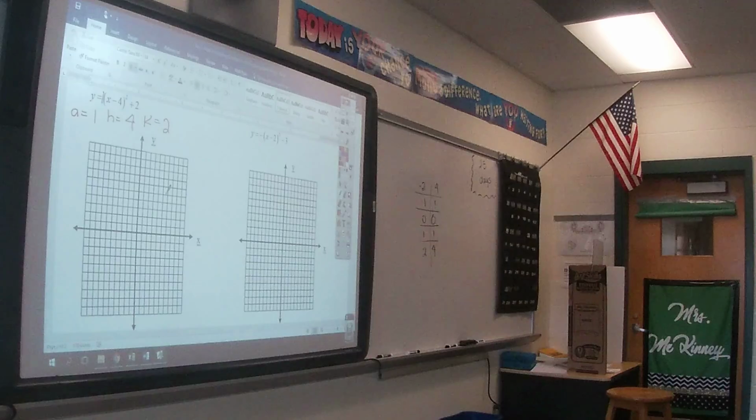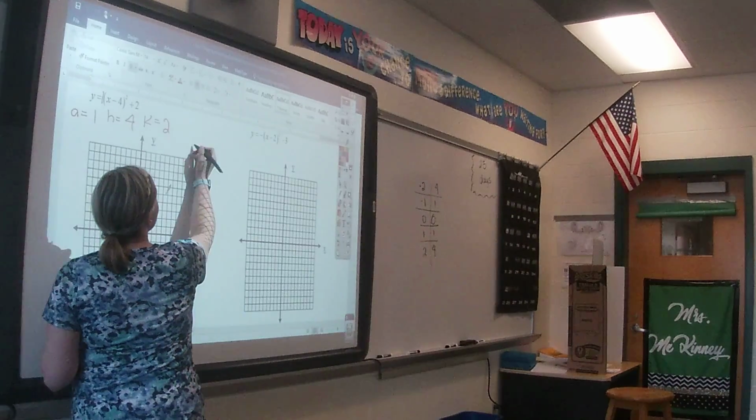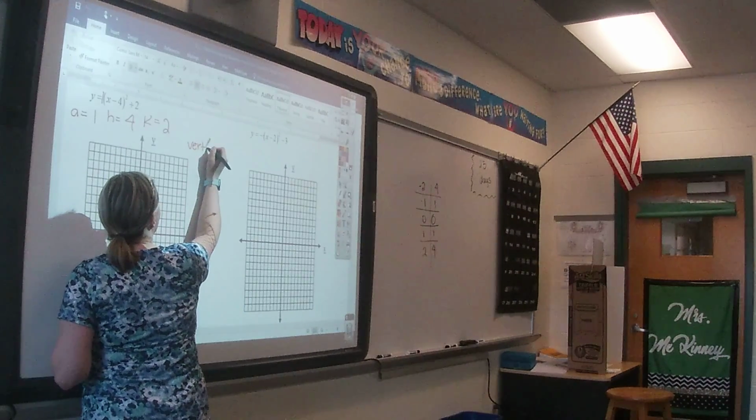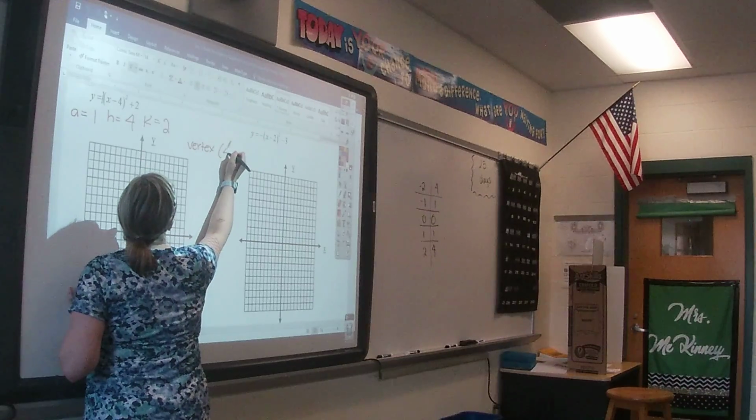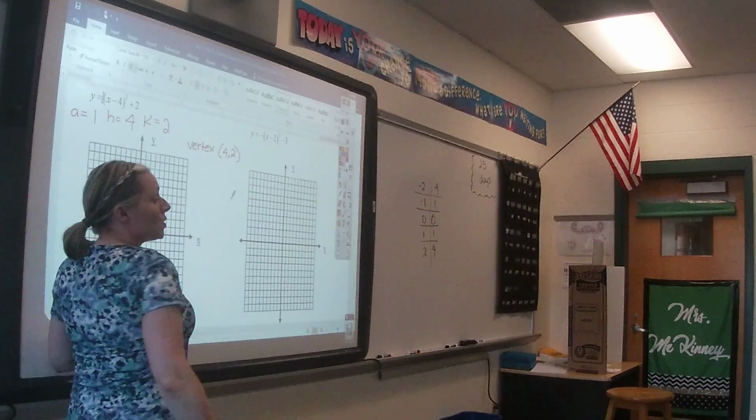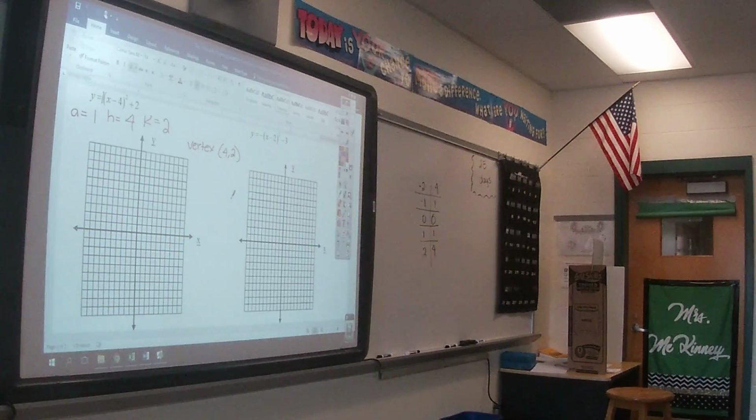From that info, we can then find the vertex. We said the vertex was H, comma, K. So what is our vertex going to be in this problem? Right? 4, comma, 2. So on the coordinate plane, I am going to plot a point at 4, comma, 2. Now watch when we plot. You do it without even thinking about it.